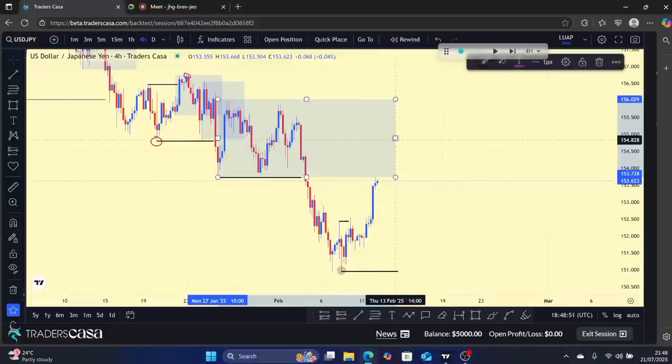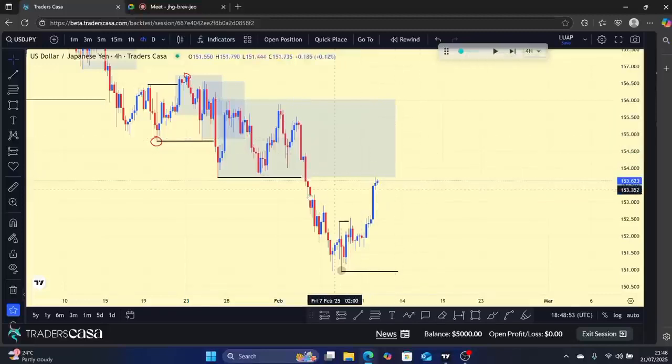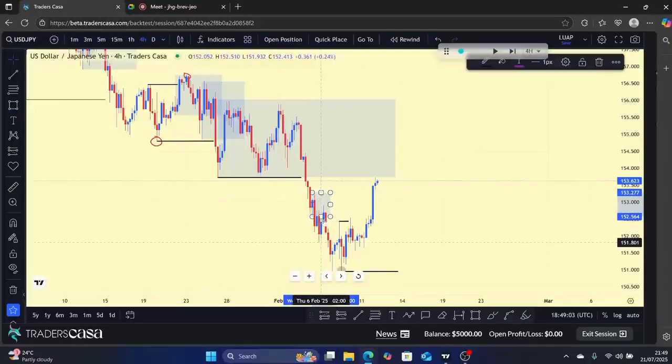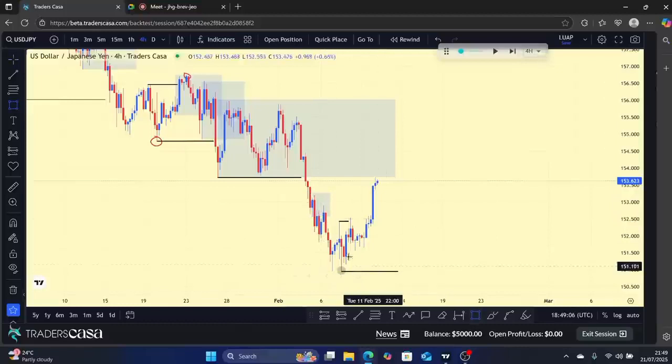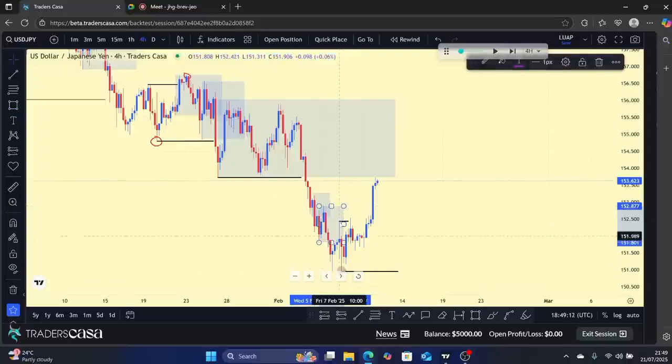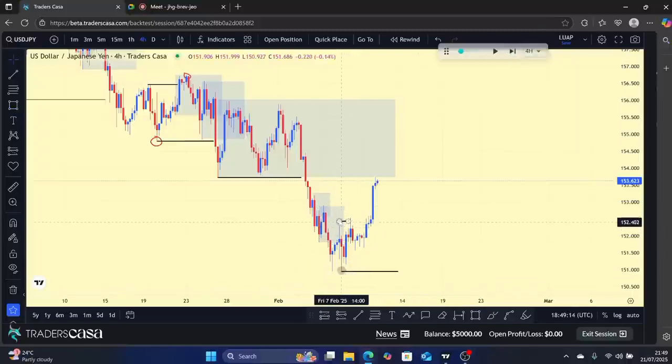Exactly, no, that order flow is not mitigated. Down here I cannot see any other unmitigated order flow, because this one here was mitigated exactly right there. We can clearly see this valid pullback mitigated the order flow, and again this order flow was also mitigated by this pullback that created the inducement right here.